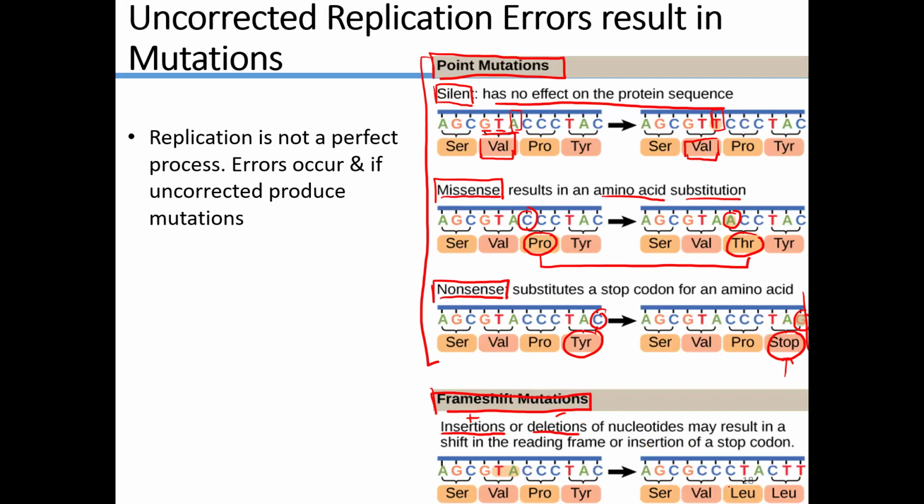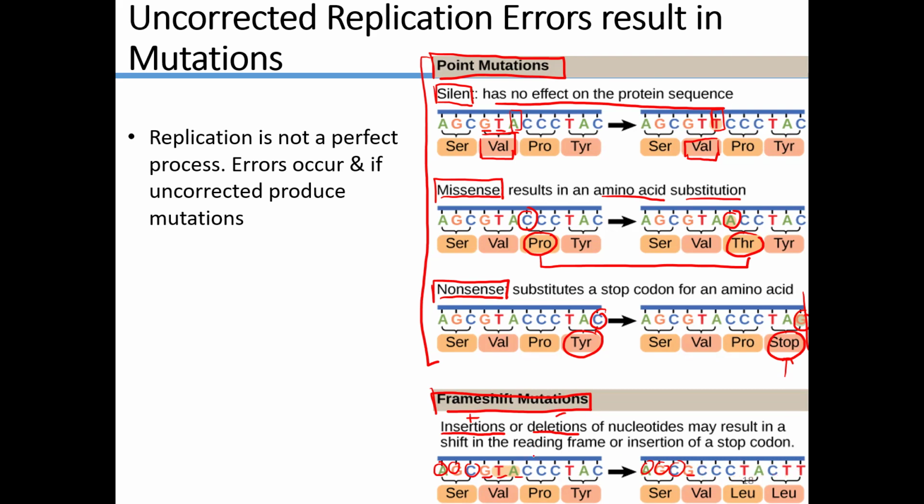But in this case, we have an addition, right? So we have A, G, C, C. So far, so good. T or G, T, A, G, but it looks like something has happened over here. Now we have C, C, C, T, A, C, T, T.